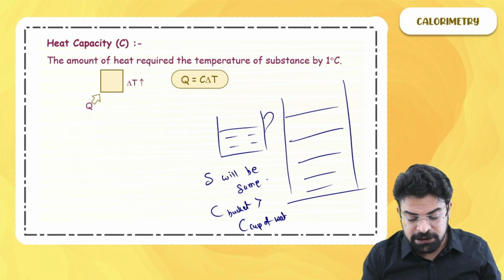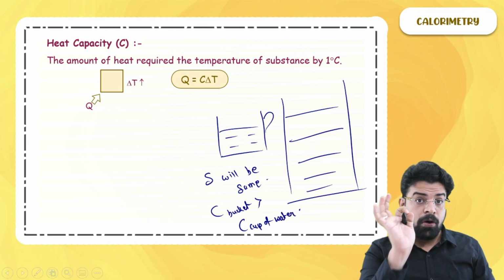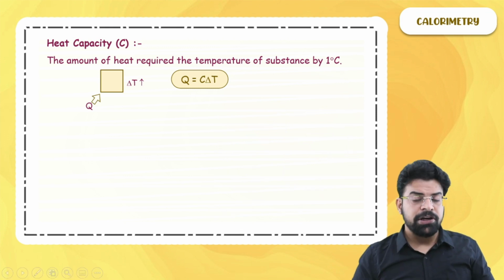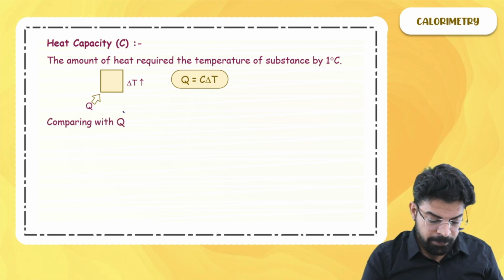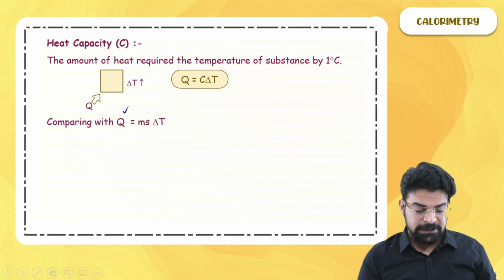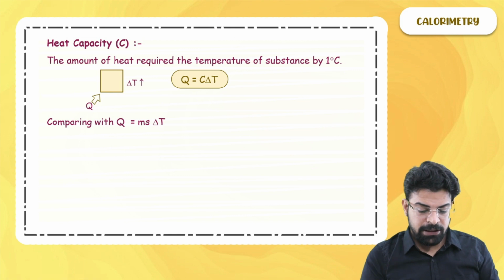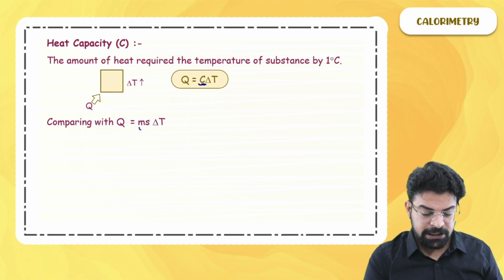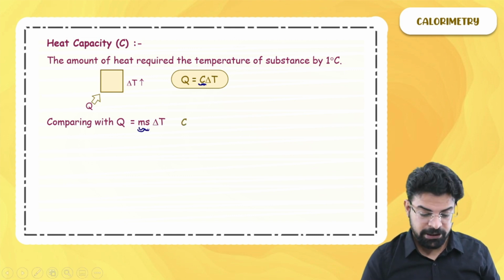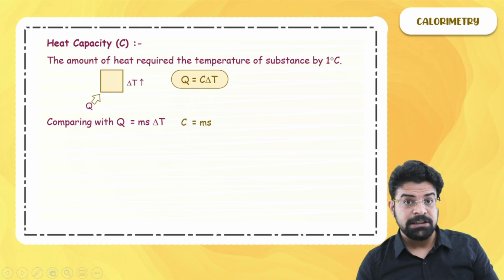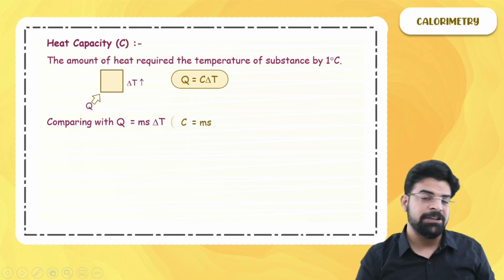So heat capacity does depend upon the amount of substance. So let's continue learning. Comparing with Q equals m s delta T, we can say that the heat capacity is nothing but mass times specific heat. Heat capacity of a substance is nothing but mass times its specific heat.